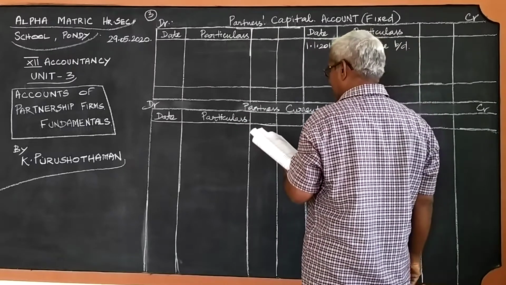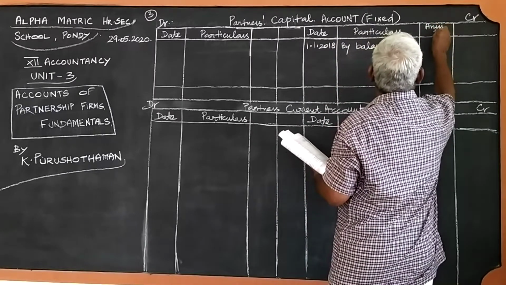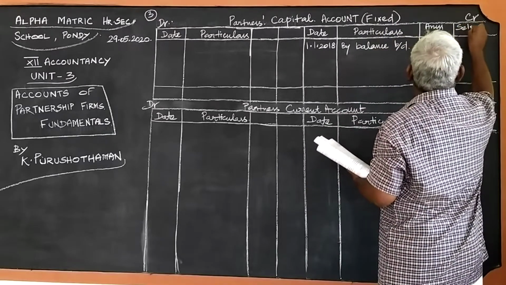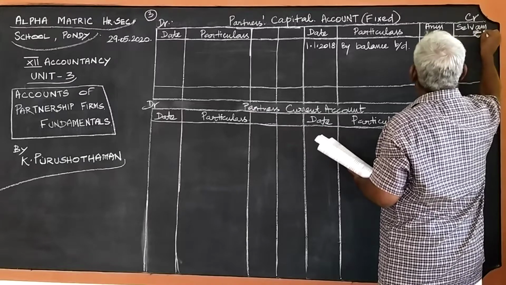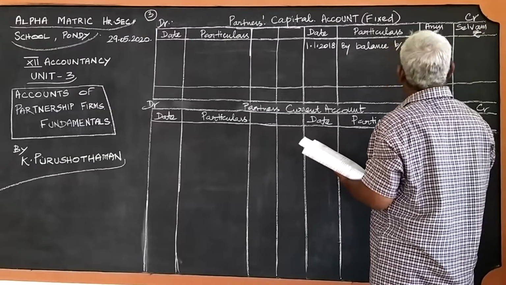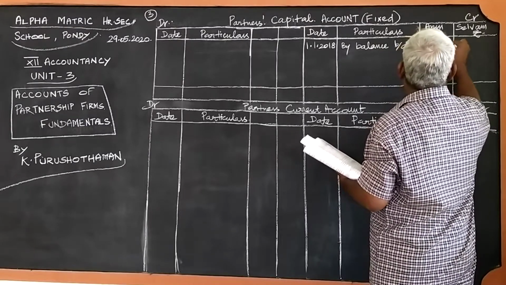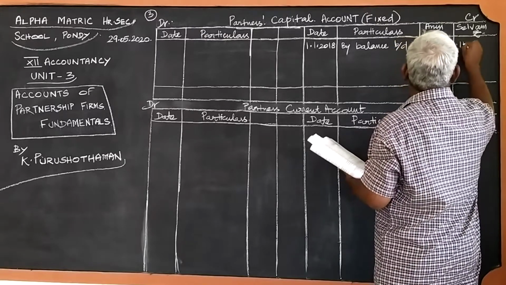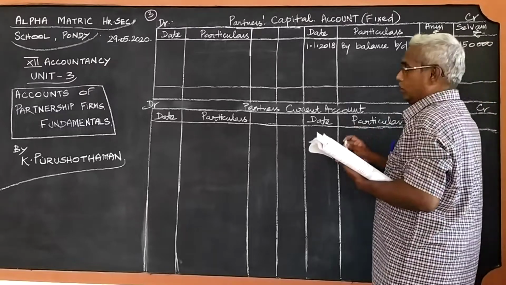The two partners are Arun and Selvam. Balance brought down amount is 2,20,000 for Arun, and for Selvam 1,50,000.